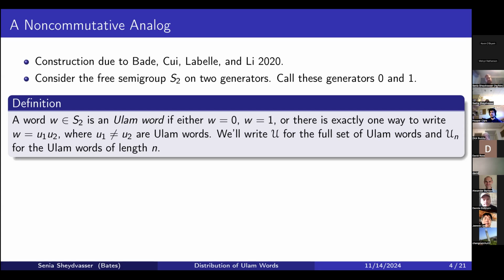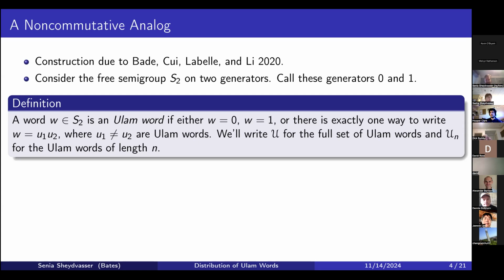And so then they defined Ulam words as follows. A word in this free semigroup is an Ulam word if either it is 0 or it is 1, or we apply this inductive rule that there should be exactly one way to write this word as a product of 2 prior distinct Ulam words, right?